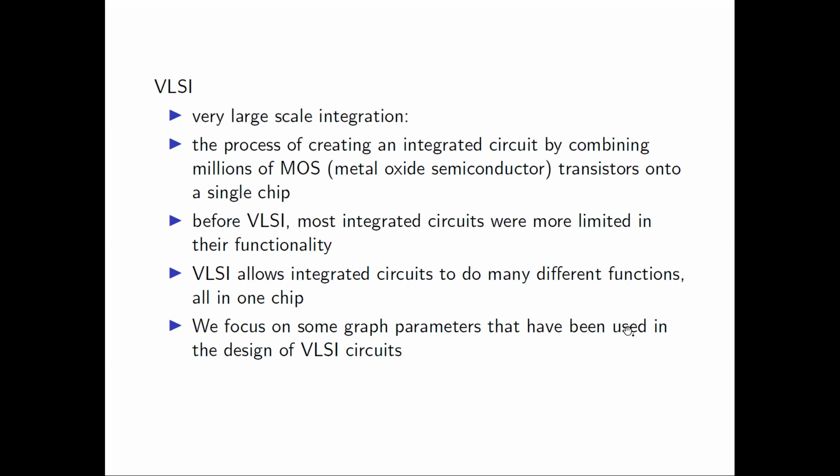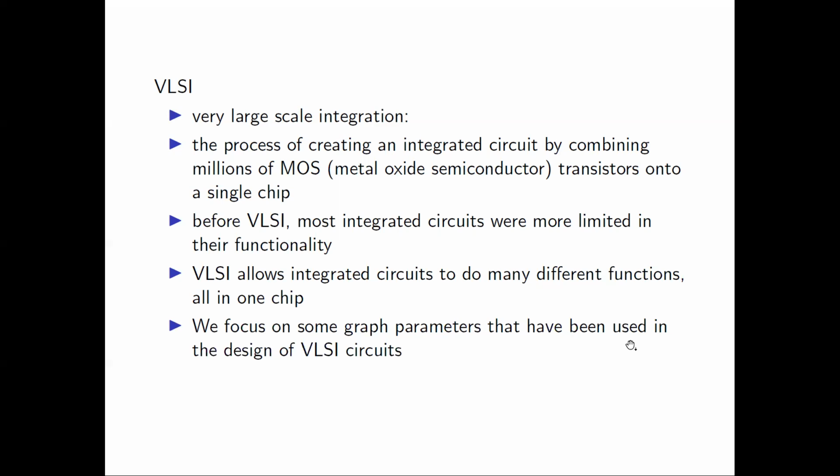So in both of the videos for this week, we're going to focus on some graph parameters which can be applied to VLSI circuit design. And there are also some other applications besides circuit design.